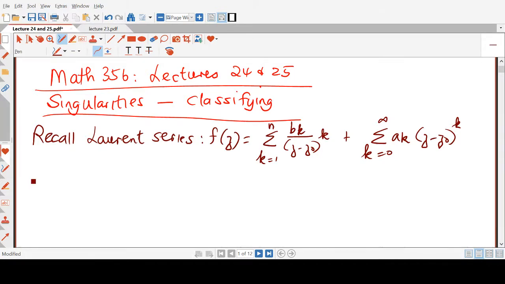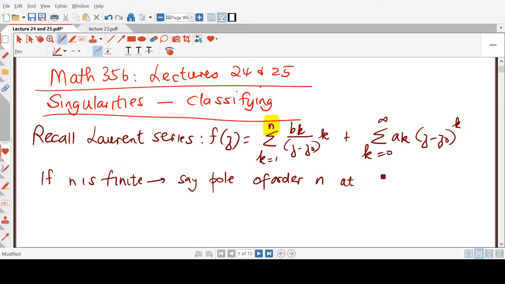Now focus on this n. If n is finite, then we say we have a pole of order n at z equals z naught.